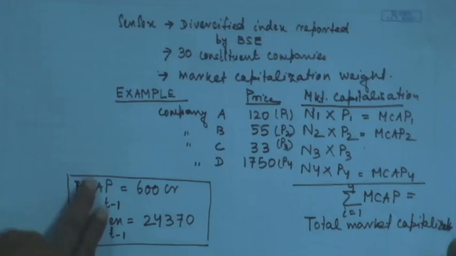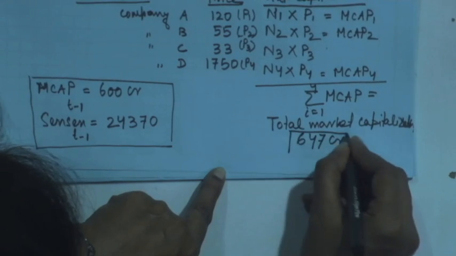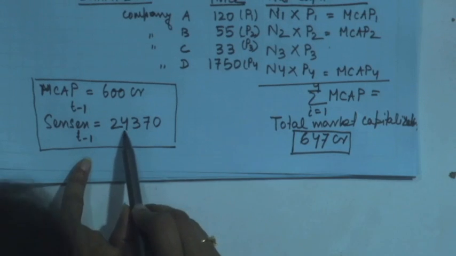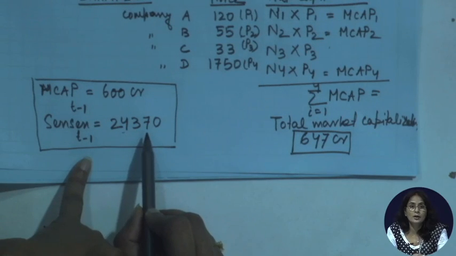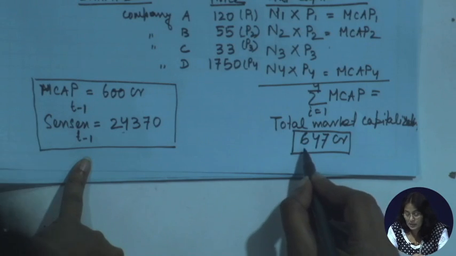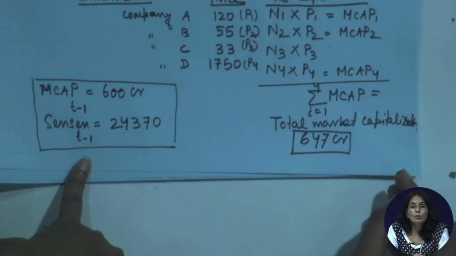Suppose today's total market capitalization is 647 crore. Now we will be able to find out, if 600 crore was equivalent to 24,370, what the Sensex value is going to be with 647 crore. So this is how the different exchanges report the equity indices.